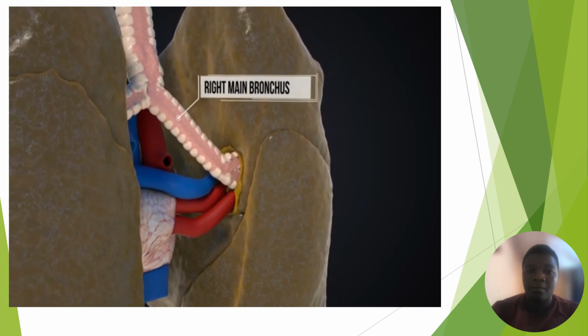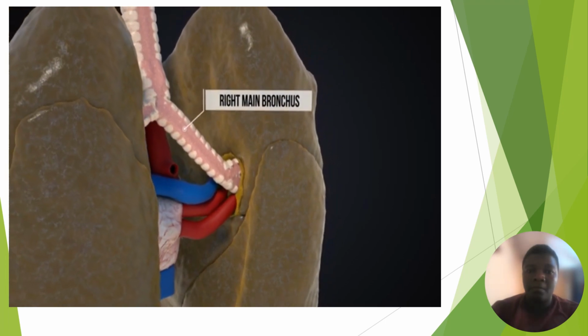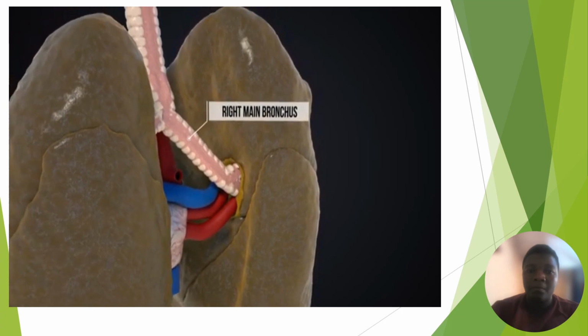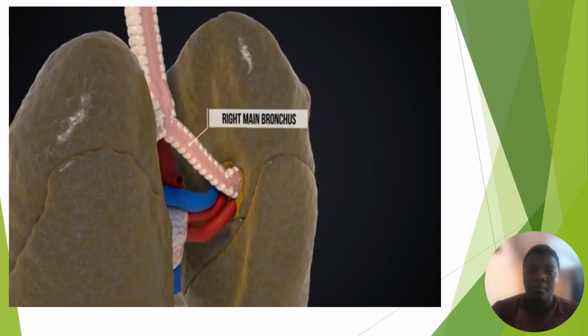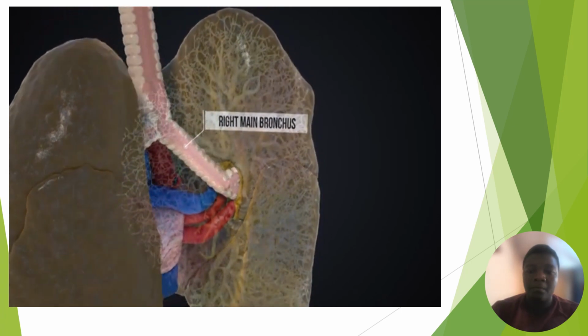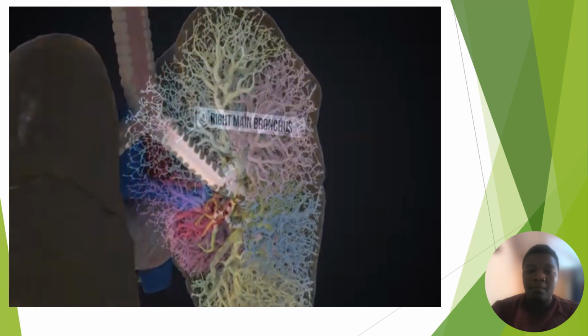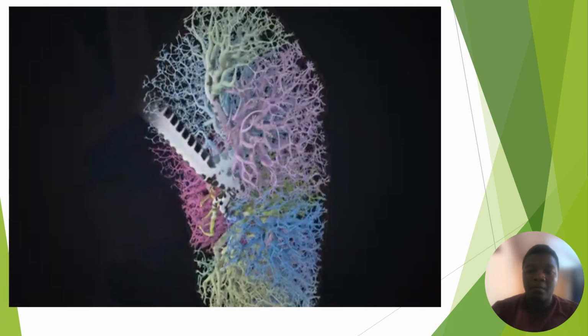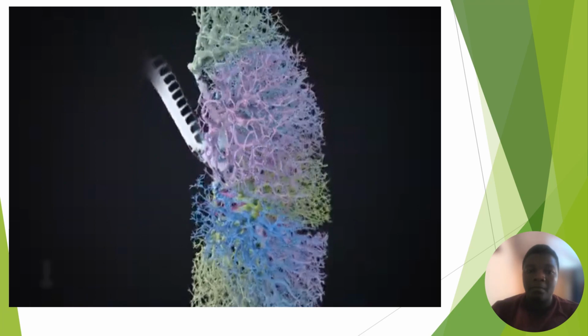The main bronchi form the trunks for the bronchial tree. Like the branches of a tree, the tubular system of the lung starts here, into finer and finer branches. The right lung has 3 lobes with 10 lung segments. Each lung segment receives its own air and blood supply.